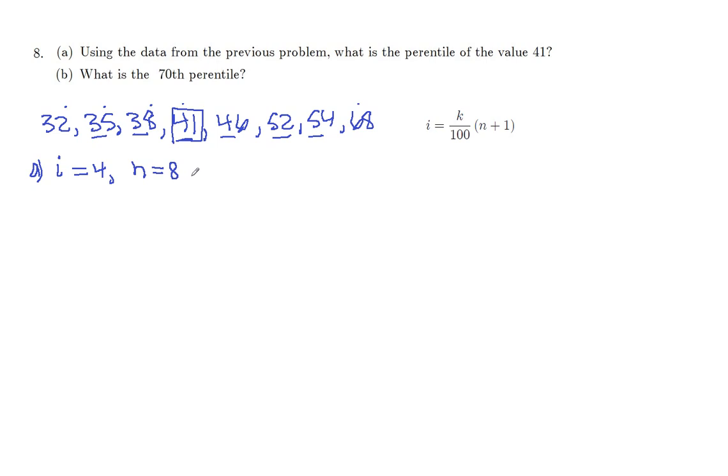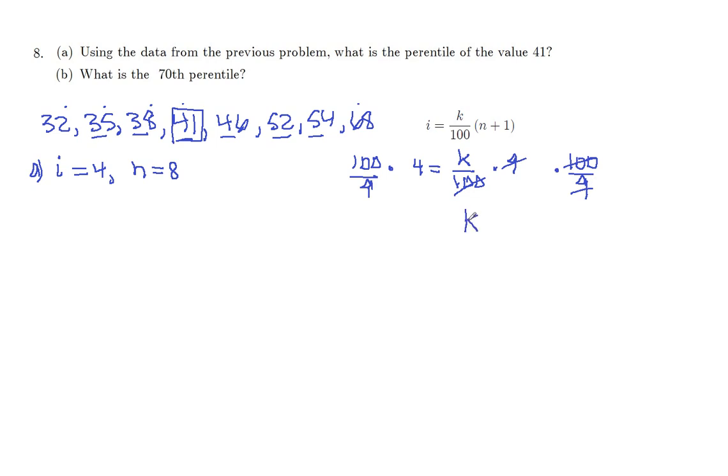And then we can solve and find the K here. So if I is 4, we'll plug that in there. So 4 equals K over 100 times N plus 1. And N is 8, so this will be times 9. And then we want to solve for K. So let's multiply both sides by 100 over 9. And then the 100s and the 9s will cancel on the right.